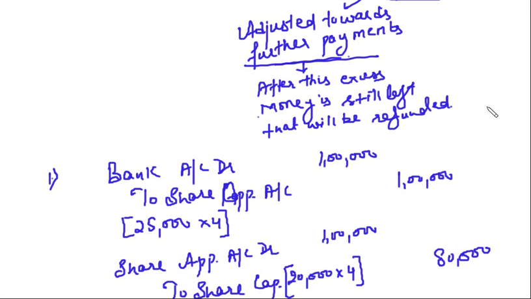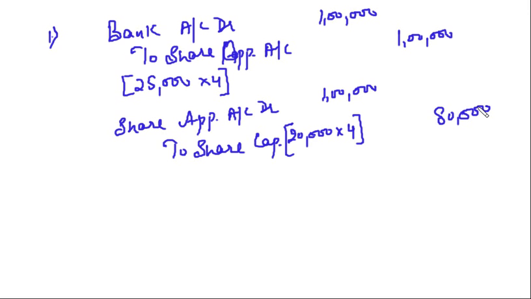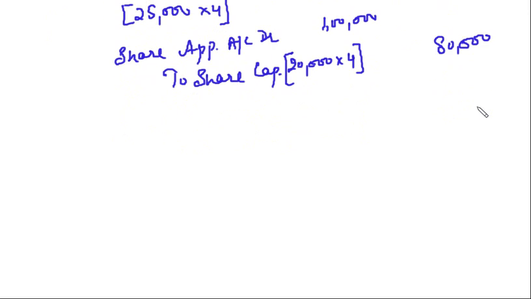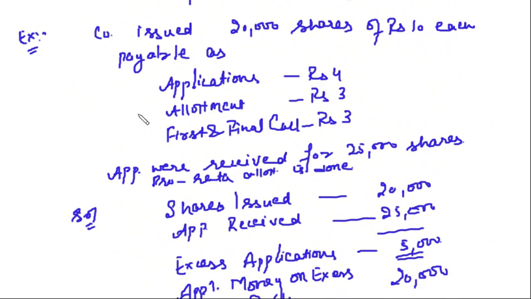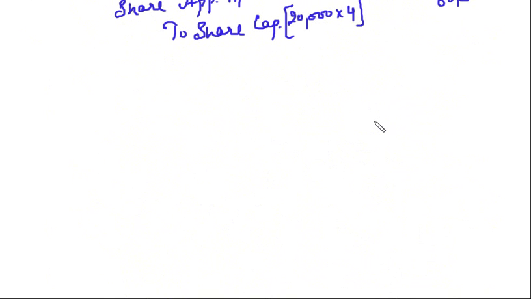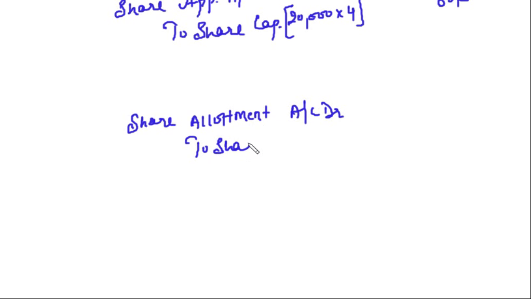What is the next payment after the application money? At the time of allotment, what will you do? You will call allotment money, because the question says at allotment you have to pay 3 rupees. What is the journal entry for this? We first make the amount due: share allotment account debit to share capital account, on 20,000 shares at the rate of ₹3.